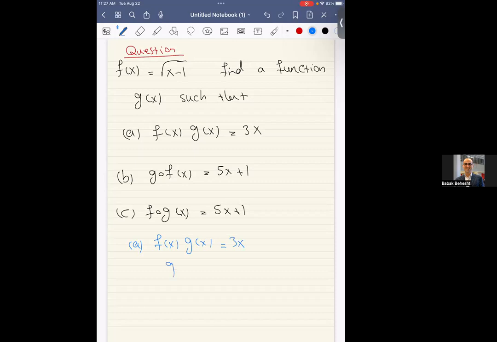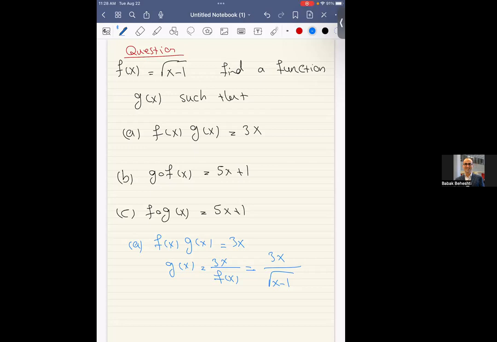That means g of x is equal to 3x divided by f of x. So part A is straightforward, but maybe part B and C are more tricky.